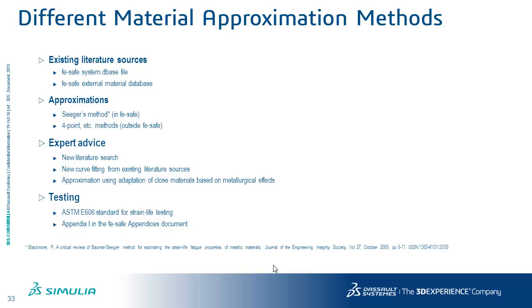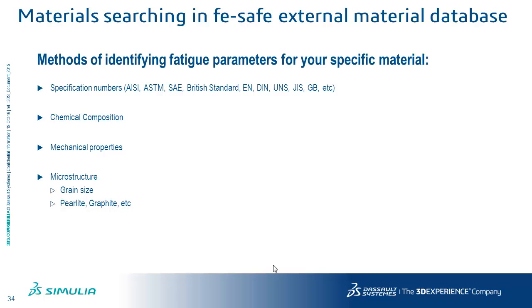And finally, you can do the testing. But in this particular case, we'll be discussing how you can use existing literature sources, like how you can use our 2 material databases, which we have.